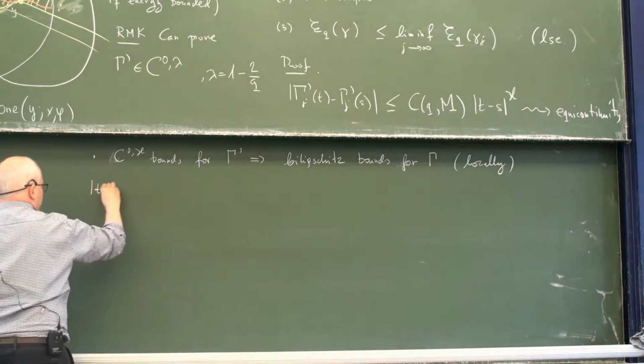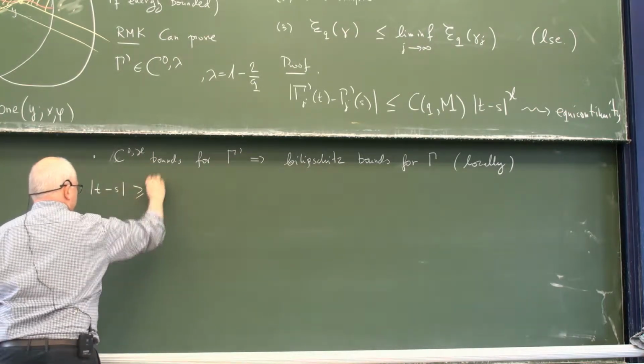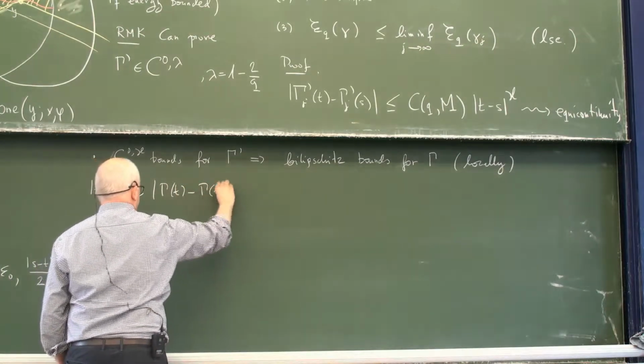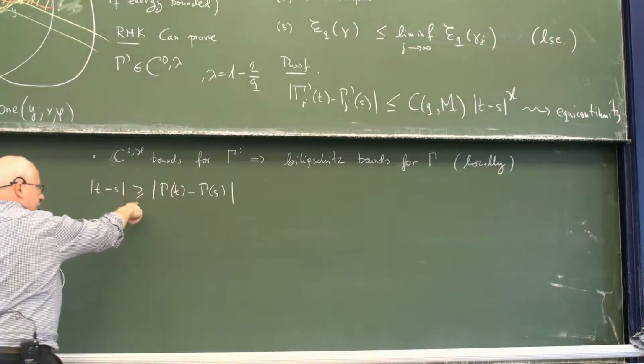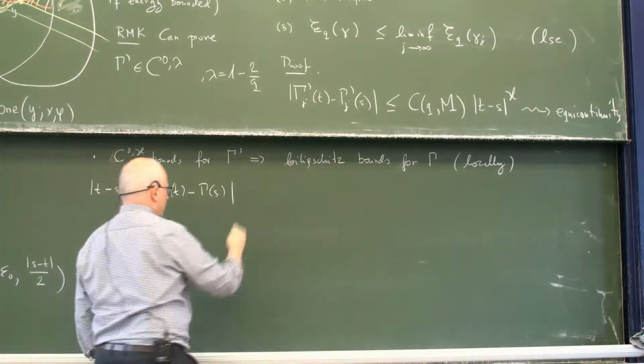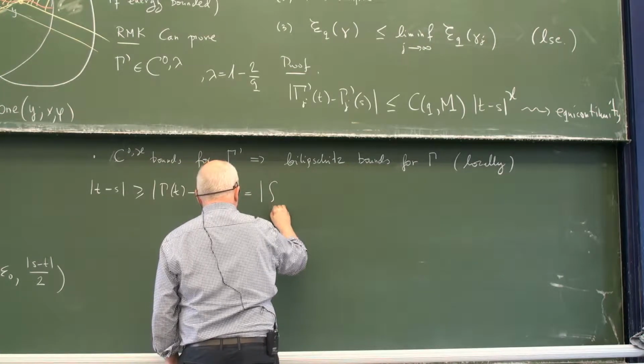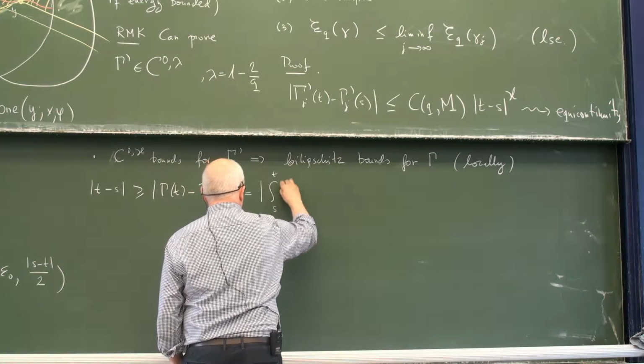So obviously you have t minus s at least |gamma(t) minus gamma(s)|, because this is the arc length parametrization. This is of course equal to the integral from s to t of gamma prime.